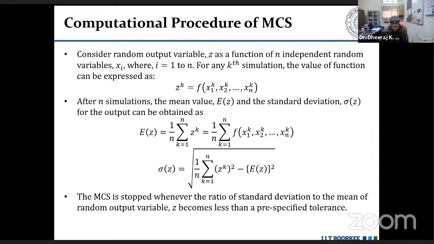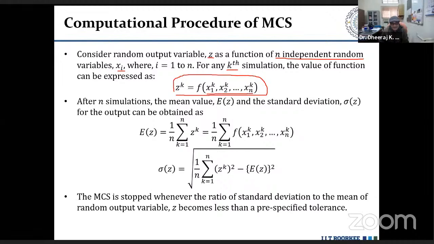So this is the computational procedure of Monte Carlo simulation. Suppose we have a random variable z of n independent random variables xi. So for any case simulation, we can compute the value of the output random variable by this. Here, basically, the assigned values of different random variables during the case simulation. Suppose we have performed n such simulations, so we can compute the mean value of this random variable, which is our output, and a standard deviation by these expressions.